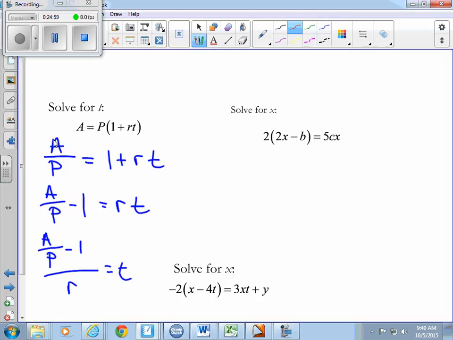I do want to show you, because several of you said you would have distributed first, what it would look like if you did.